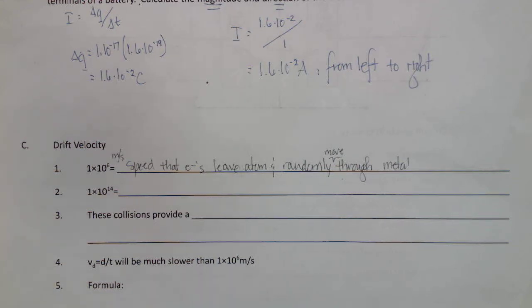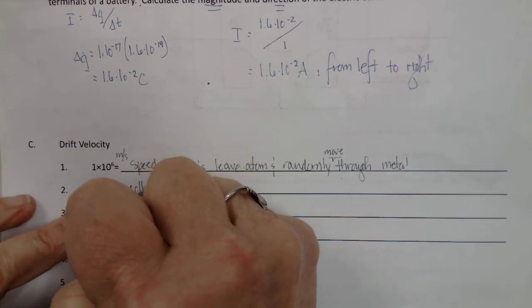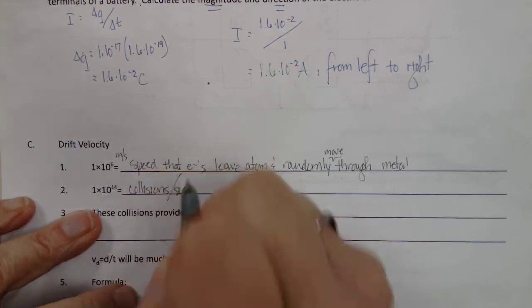They don't really move that quickly because the electrons make 1 times 10 to the 14th collisions per second.